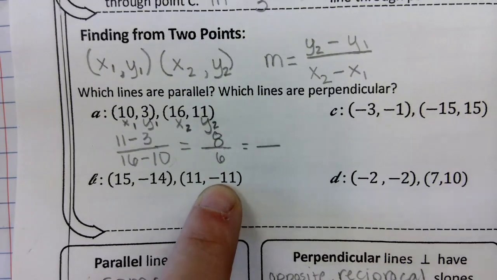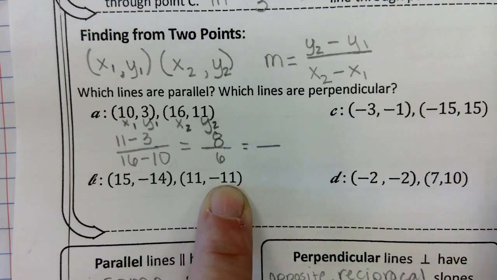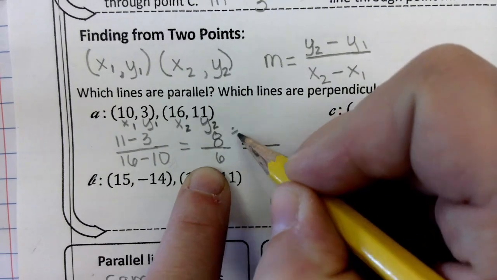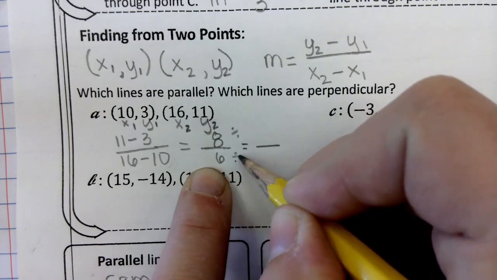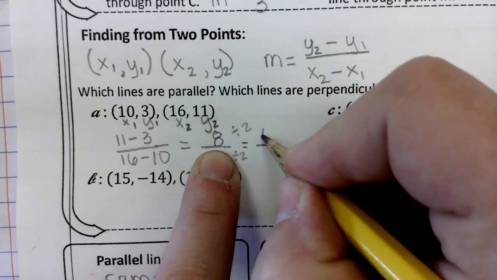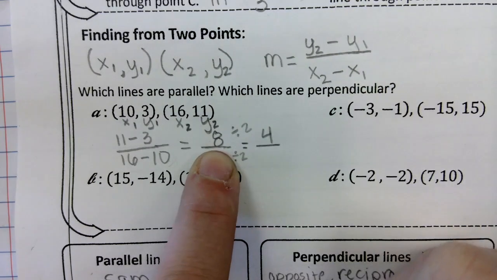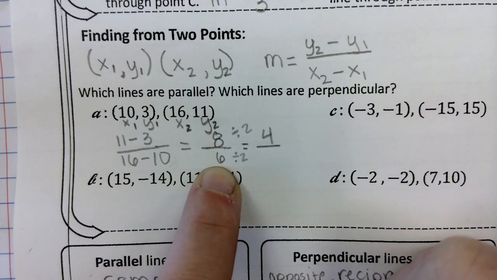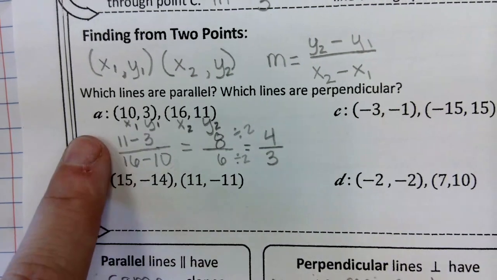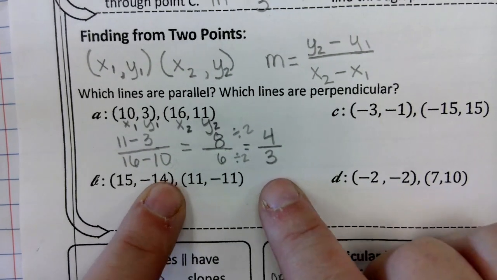So what can we divide both 8 and 6 by? 2. Good. So 8 divided by 2 is 4. 6 divided by 2 is 3. So currently right now we only have one slope. Our slope is 4/3.